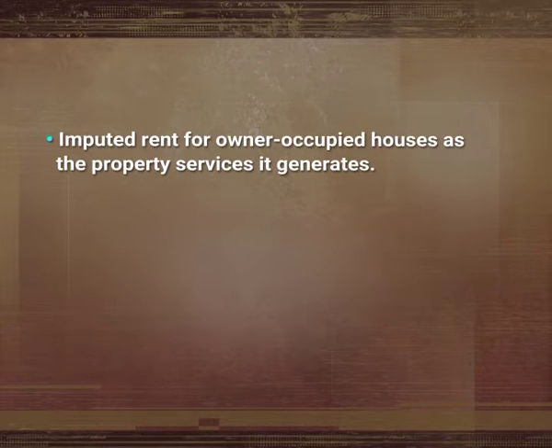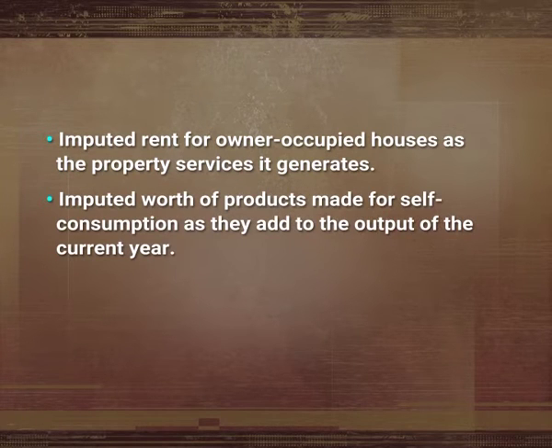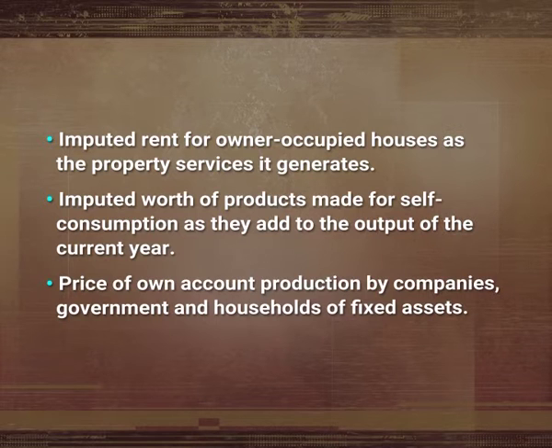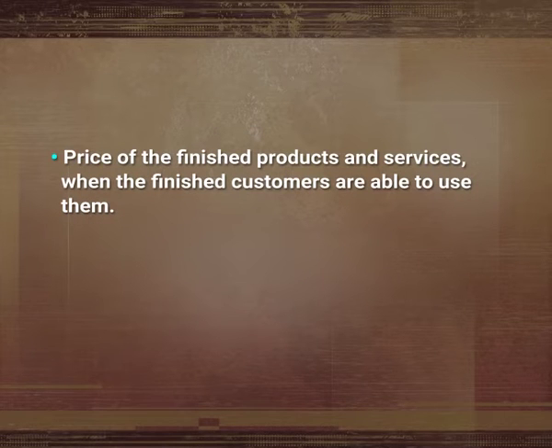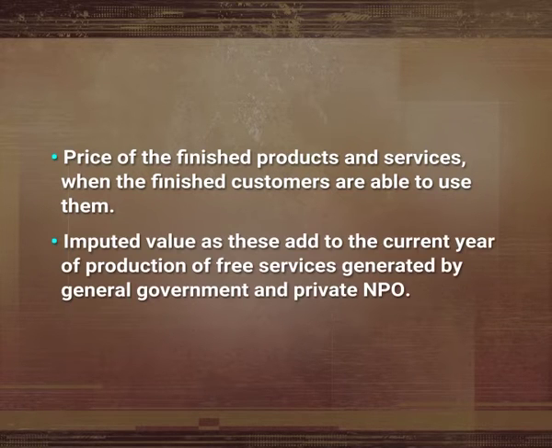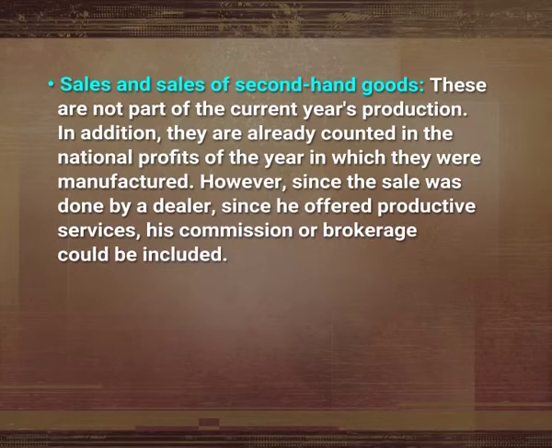Imputed rent for owner occupied houses as the property services it generates, imputed worth of products made for self consumption as they add to the output of the current year, price of own account production of fixed assets by companies, government and households, price of the finished products and services when the finished customers are able to use them, imputed value as these add to the current year's production of free services generated by general government and private NPO.